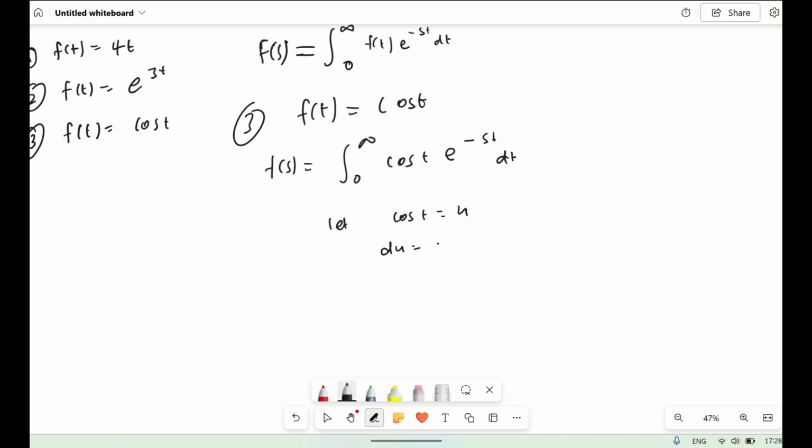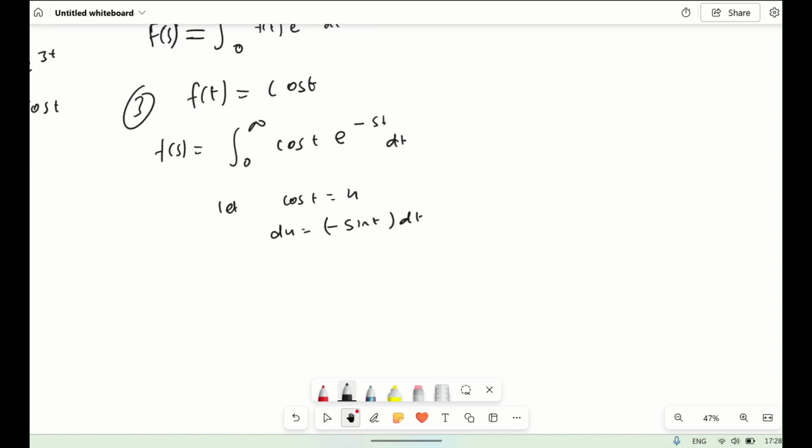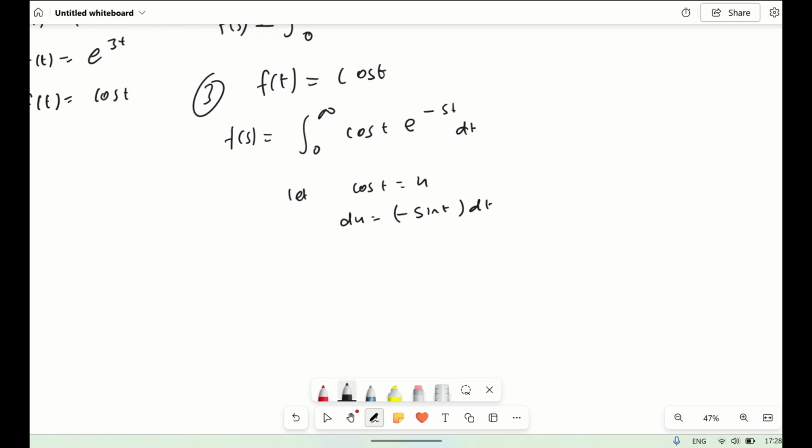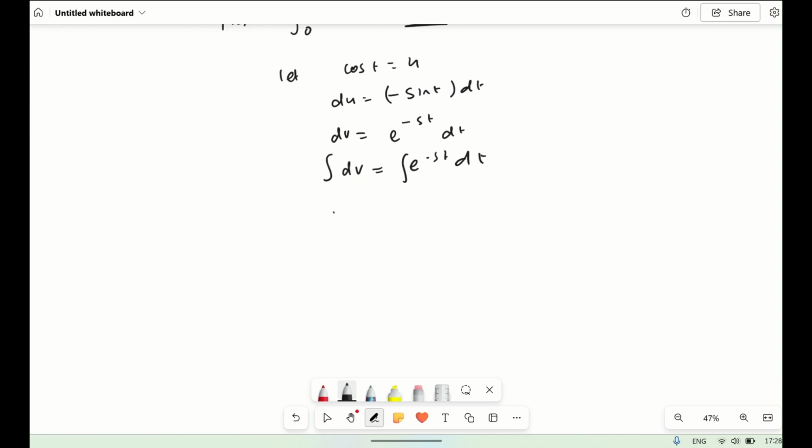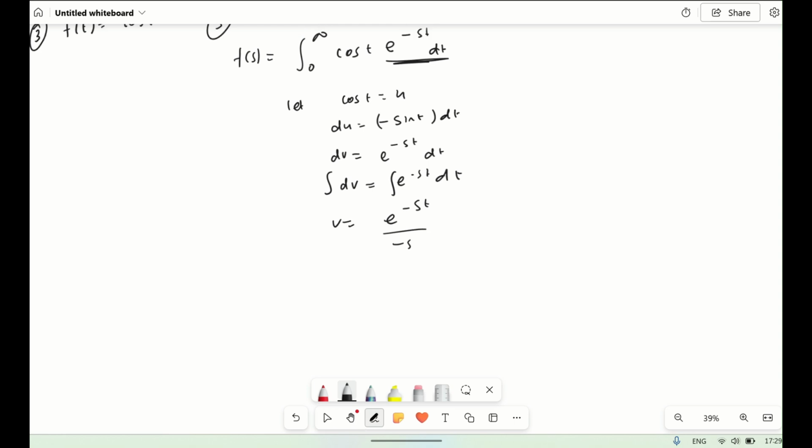Therefore, our du equals minus sin t dt, right? So that means our dv is what remains here. So it's e to the negative st dt. So when you integrate both sides, our v equals e to the negative st all over negative s.